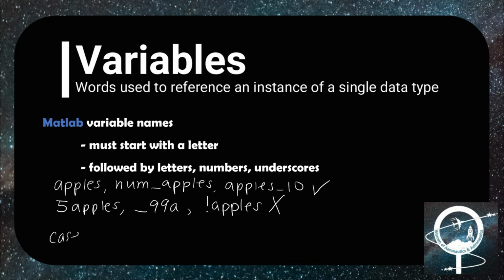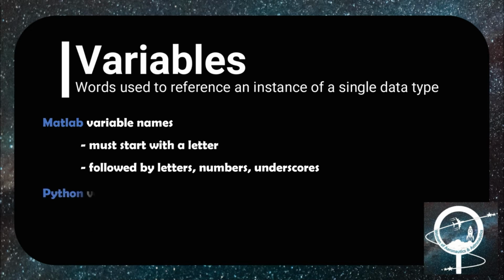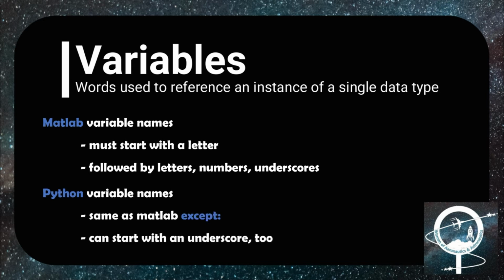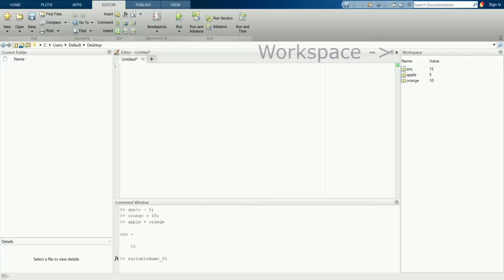Variables are also case sensitive, so lowercase a apples and uppercase A apples would be two different variables. The only difference in Python variable names from Matlab's is that in Python, variables can start with an underscore, so _123 is actually a valid variable name in Python, but not in Matlab.